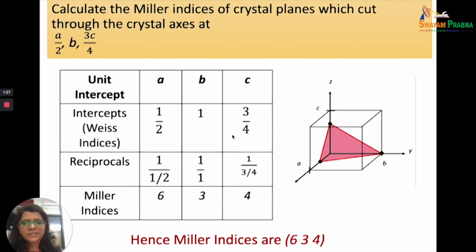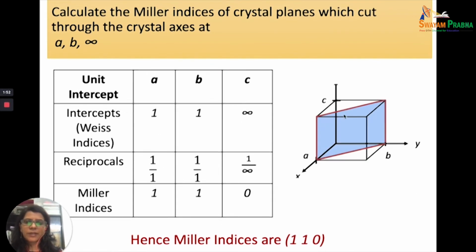So 1 by 2, 1 and 3 by 4 are the intercepts. You take a reciprocal of them and you get 1 upon 1 by 2, 1 upon 1 and 1 upon 3 by 4. When you clear the fractions, you get 6, 3, 4. Hence the Miller indices are 6, 3, 4.